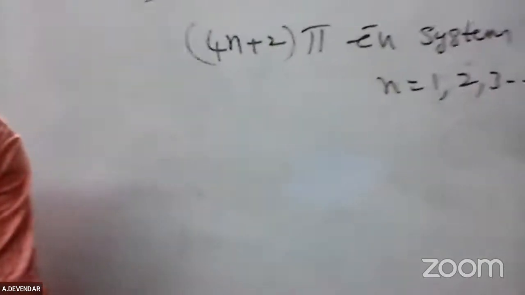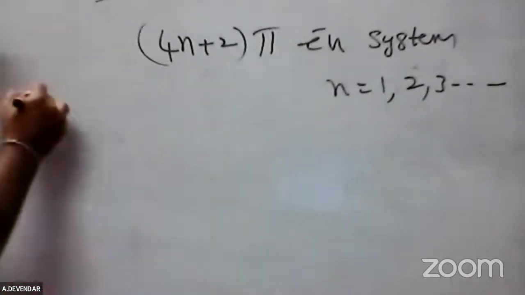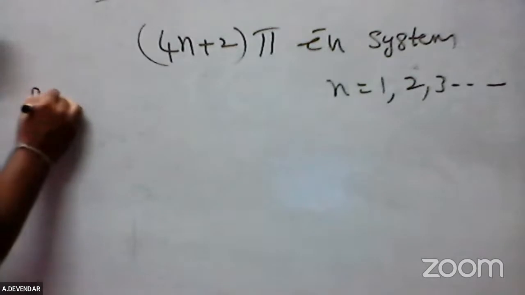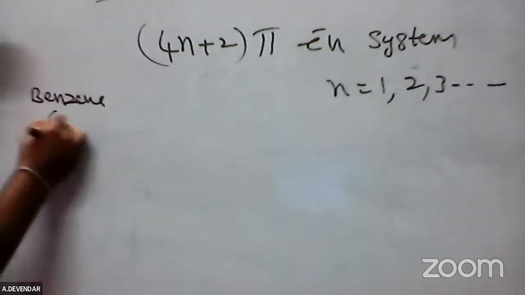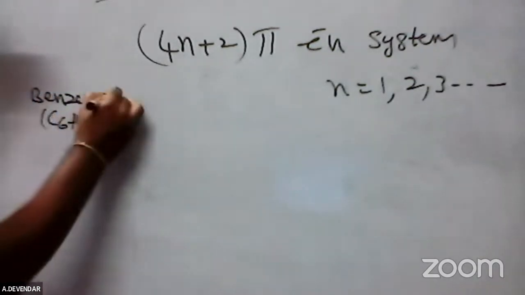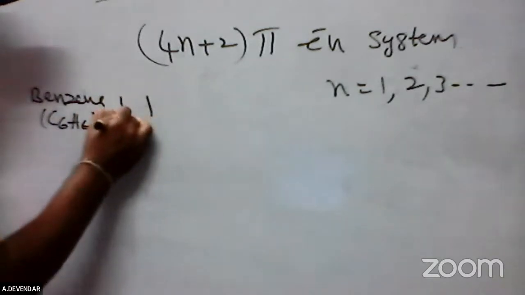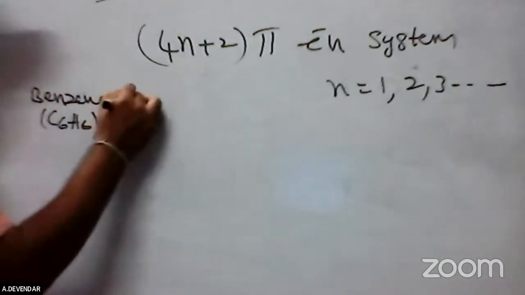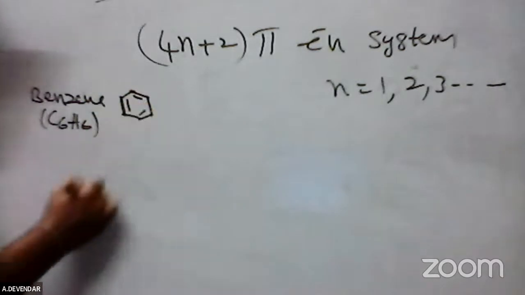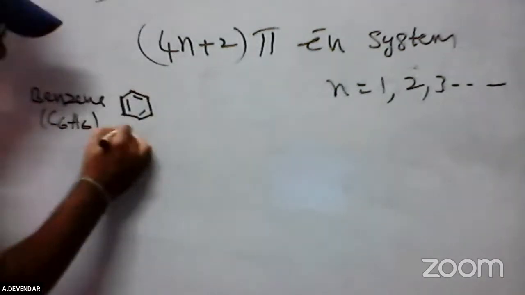See the example. Benzene has the molecular formula C6H6. The benzene hexagonal ring structure has alternating single and double bonds, and consists of 6 pi electrons.